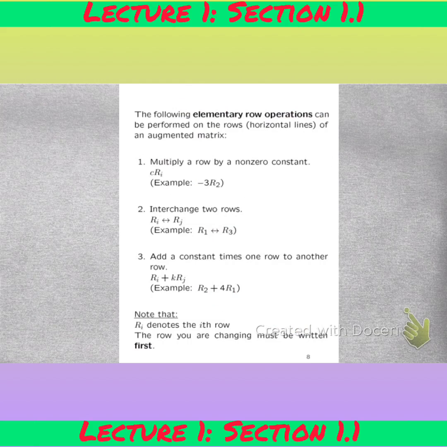If we look at a matrix in general, we have three types of row operations that we can perform. We can either multiply a row by a constant, or we can interchange two rows, and that's the notation we use to interchange two rows, or we can change the ith row by adding a multiple of the jth row to it, which is denoted by that.